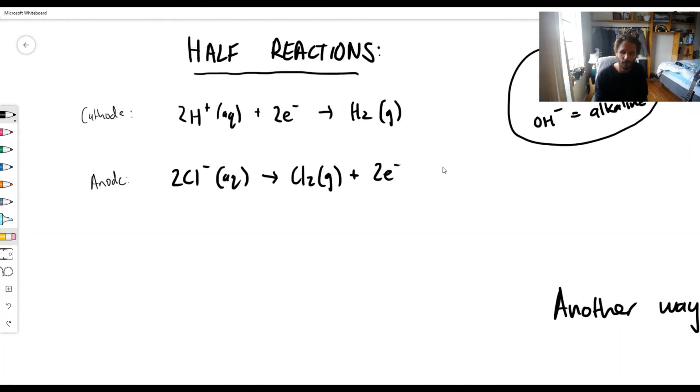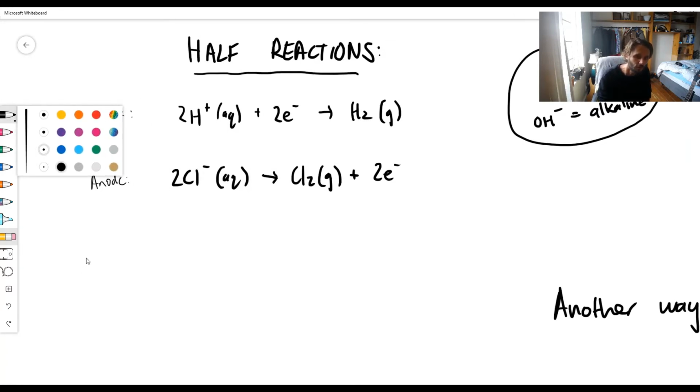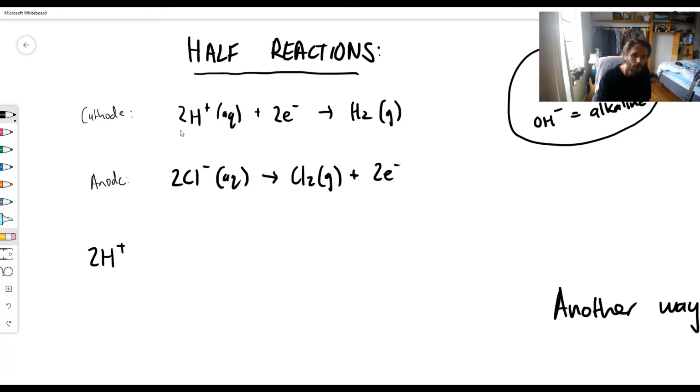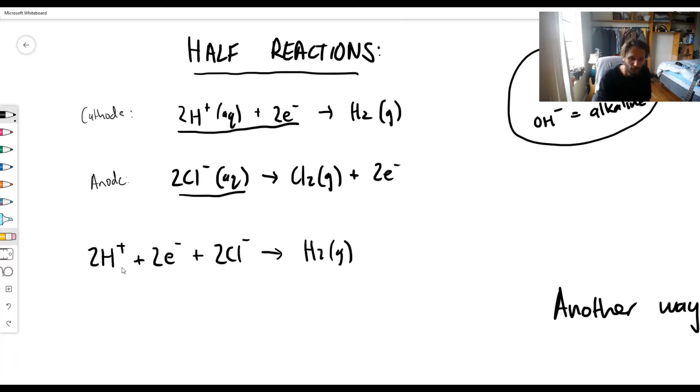Remember, we can write this reaction out in full. So we can say 2H plus, I'm just taking everything on the left hand side, plus 2 electrons plus 2Cl minus is going to give me H2 gas. I should be writing aqueous for the hydrogen and the chlorine ions. I'll do that in a second. Plus Cl2 gas plus 2 electrons. Okay, so the electrons are going to cancel and these two things are going to be attracted to each other.